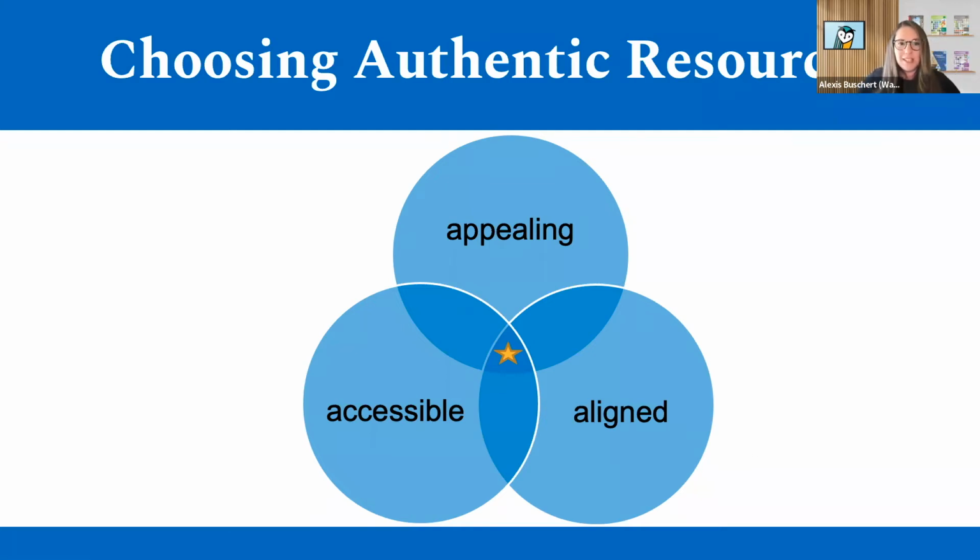It should be accessible, which means that it's appropriate for the student's age and proficiency level, and provide a lot of visual support, cognates, known words, and links to prior knowledge. Finally, it should be aligned with the goals of your unit or lesson. It should match the learning targets, act as a springboard for interpersonal and presentational tasks, and be an example of language and culture in context.